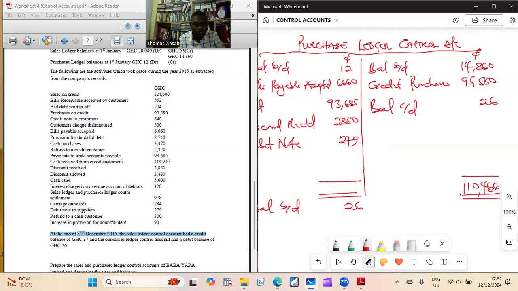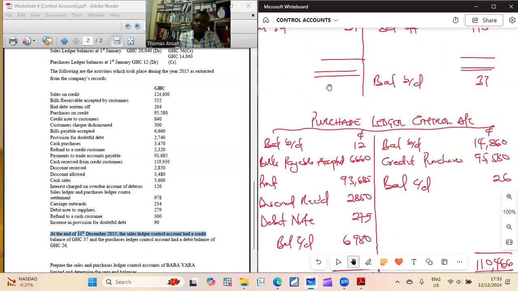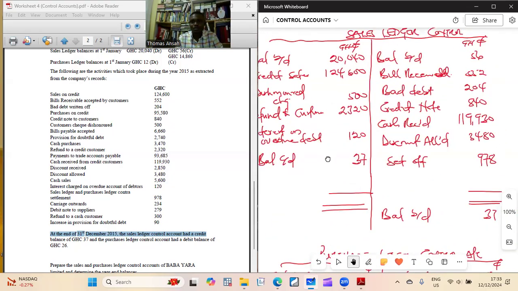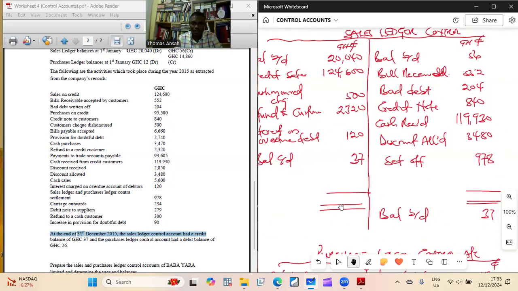That is 103,486. So if I deduct it from 110,466, there is a balance carried down here, supposedly being 6980, which means you do the balance brought down of that also here, 6980. So that is that. I think I should leave this one to you. You should be able to balance this one. Obviously, this one will be bigger.